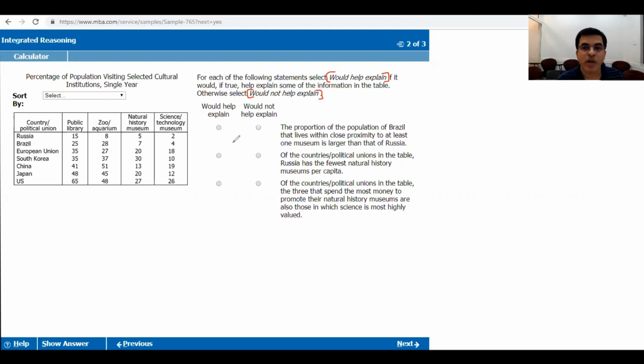And the question you have to ask is, is this the same as yes and no? In other words, is it just that the wording has changed, or are we supposed to do something different? Any thoughts you would like to share? Do you think would help explain and would not help explain boil down to yes and no, or will it be something else?